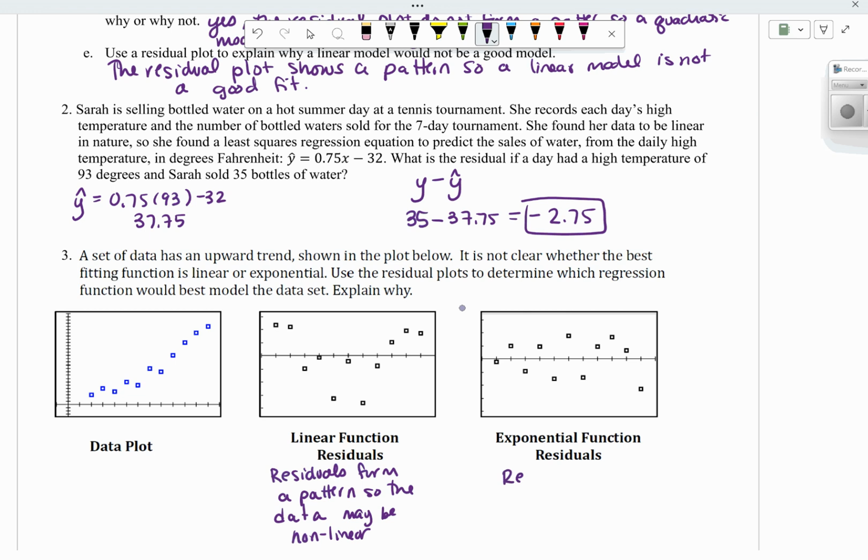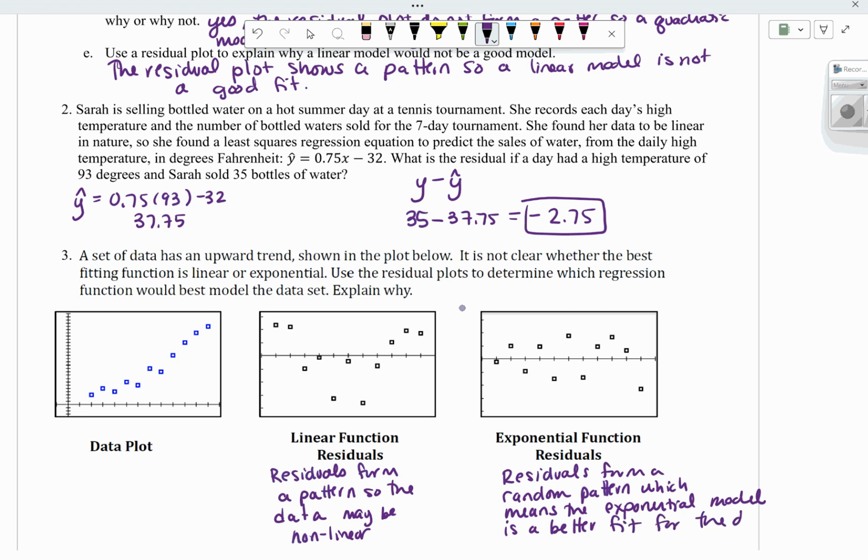So these residuals form a random pattern, which means the exponential model is a better fit for the data.